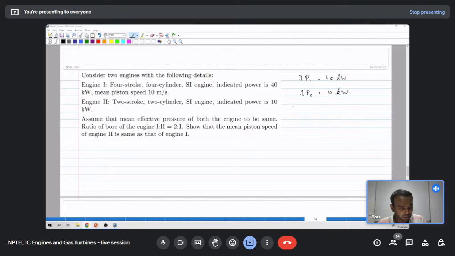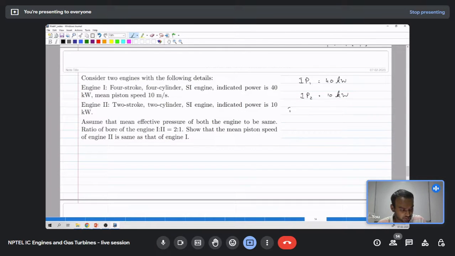Okay, we have seen that indicated power is given as PMEP into L A into N into C divided by 60 into n, and this small n represents the number of strokes per cycle.